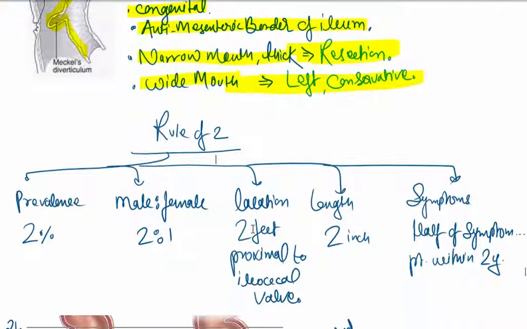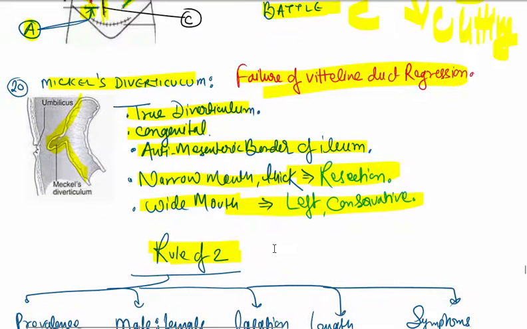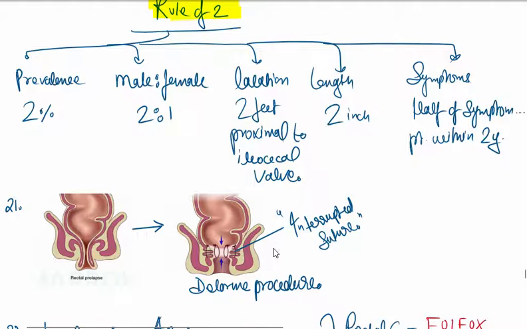Prevalence is 2%, male to female ratio is 2:1, location is 2 feet proximal to the ileocecal valve, length is 2 centimeters, and half of symptomatic patients appear within 2 years of age.